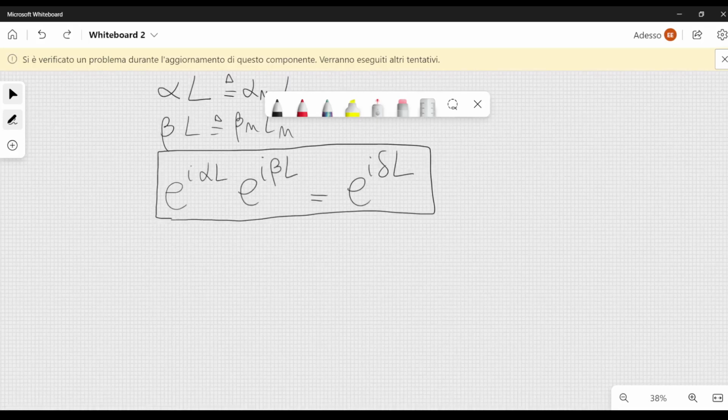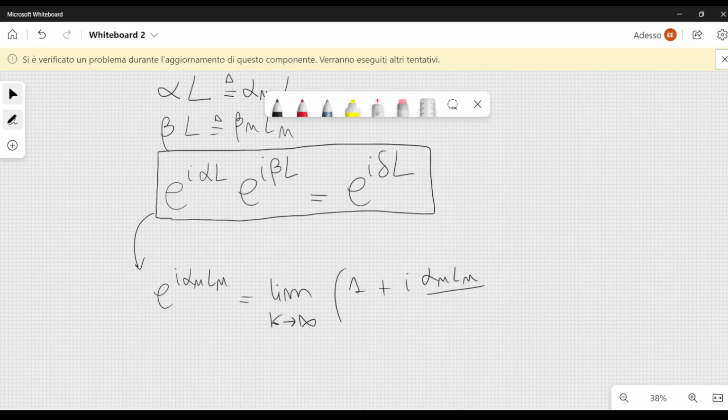By the way, we can also think of e to the I alpha L, or alpha mu L mu, as the limit as k goes to infinity of 1 plus I alpha mu L mu divided by k, to the power k, like this.